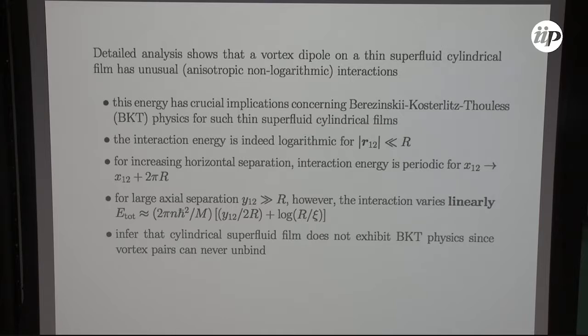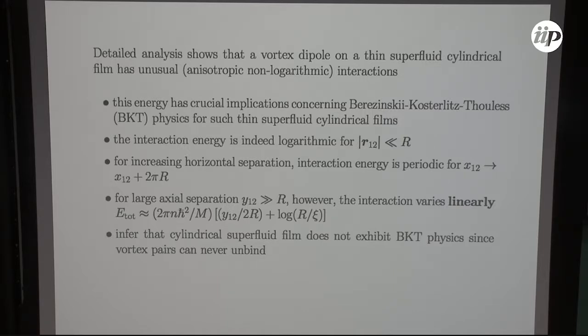On an infinite plane, the interactions are always logarithmic. And that's the trick that's used in BKT to get the transition temperature. Here, if you take vortices far apart around the cylinder, it has to be periodic, which is non-logarithmic.